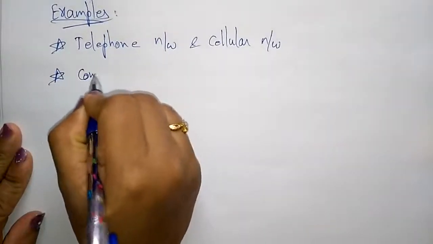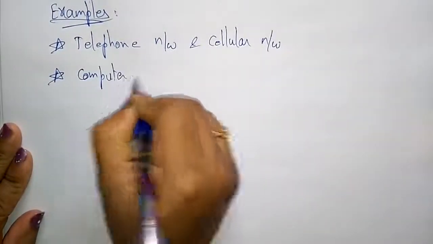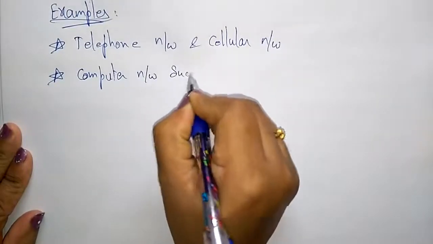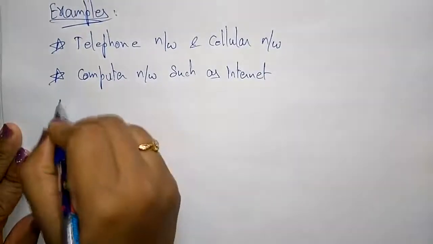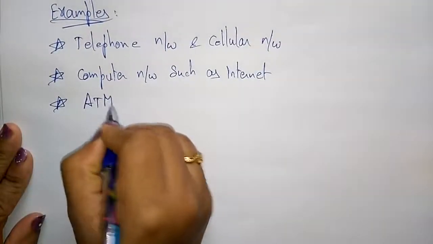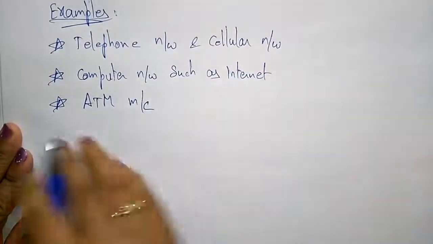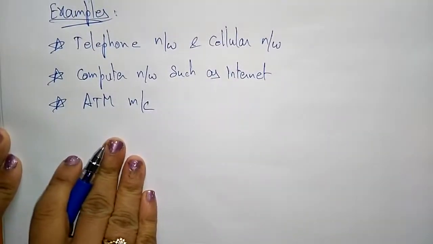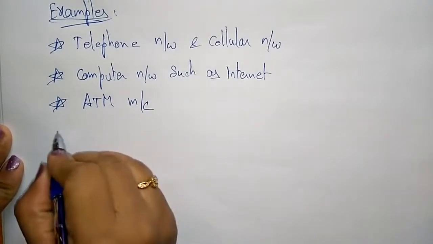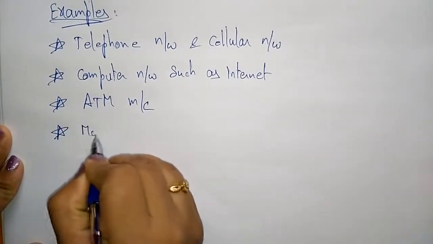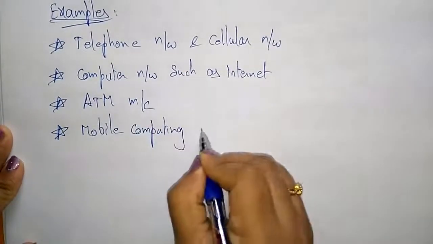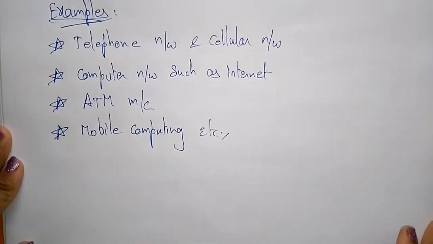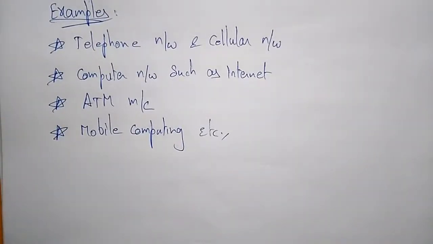And computer networks such as the internet, or you can take ATM machines. Whatever ATM machines we use for withdrawing money are also one type of distributed operating system. And mobile computing, etc. These are the different examples that use distributed operating systems.